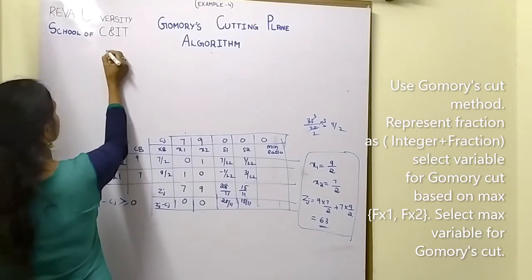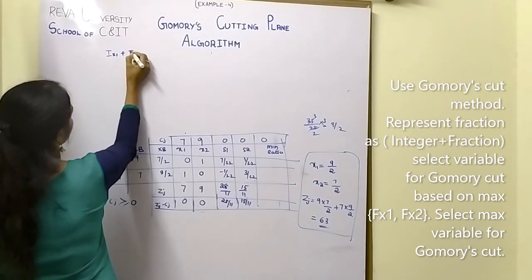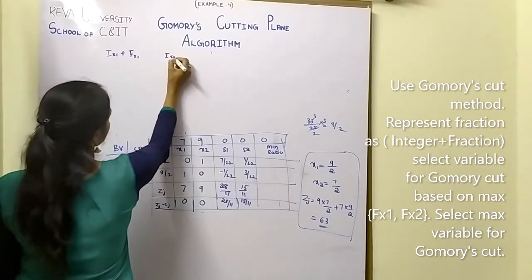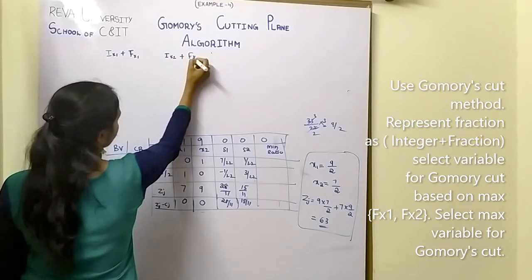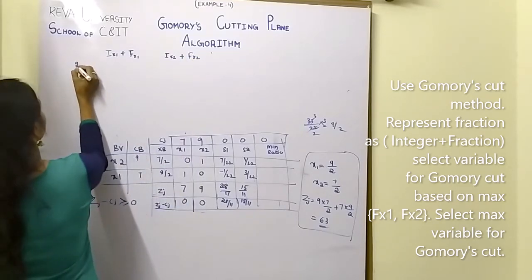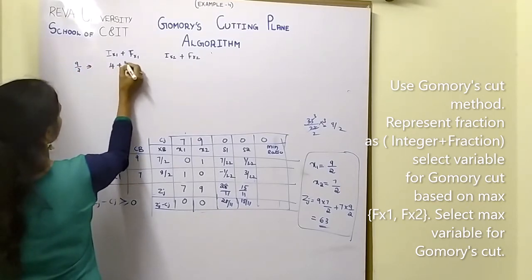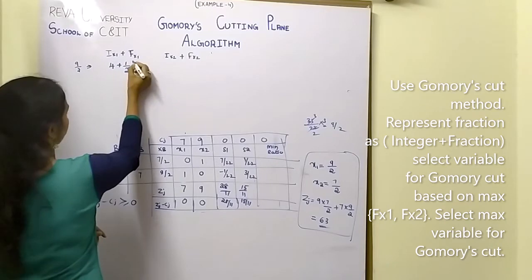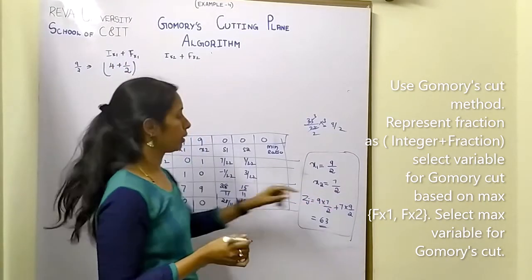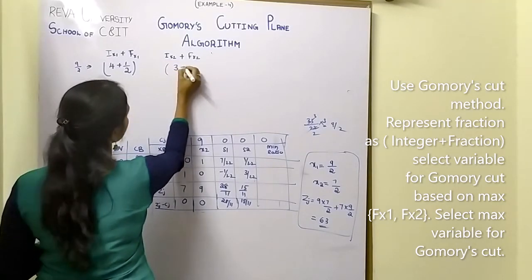So I will represent this as integer of x1 plus fraction of x1, integer of x2 plus fraction of x2. So 9 by 2 I can write as 4 plus 1 by 2, and here x2 is 7 by 2.